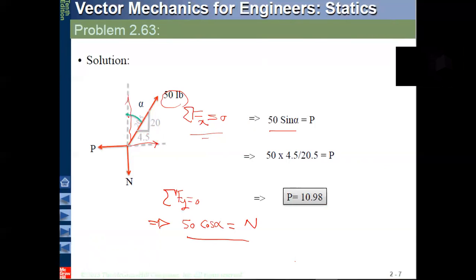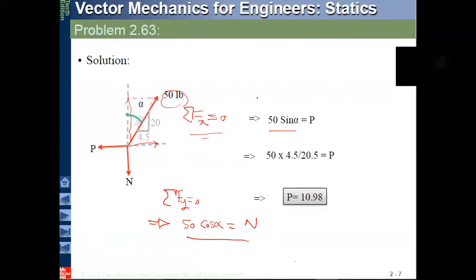This is the angle alpha, and when you multiply sine of alpha by 50, you're going to get the component in the x direction, which is actually the opposite side length of this triangle here. So this is the equation for sigma Fx, and you put them equal together.